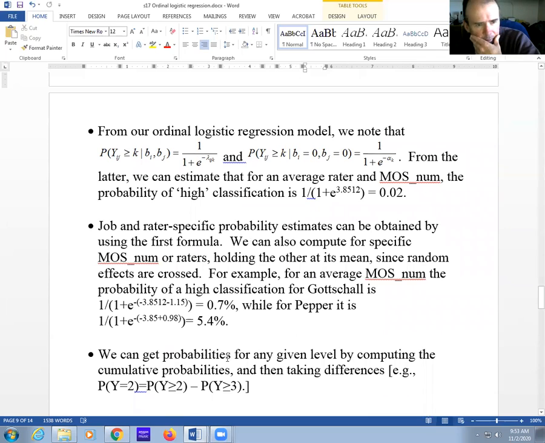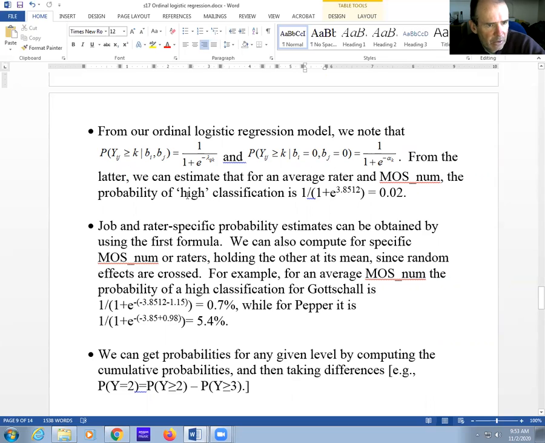What I'm going to do, actually, I'm not going to spend a lot of time on the rest of the slides here because I want to get to our other slide set. But just like a regular logistic regression model, instead of odds, we can talk about probabilities. So we can talk about cumulative probabilities.